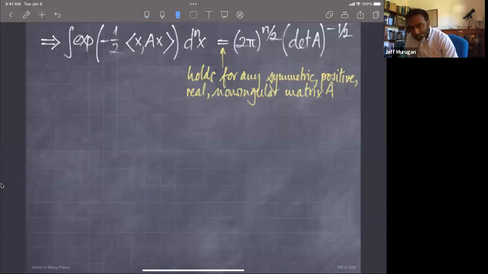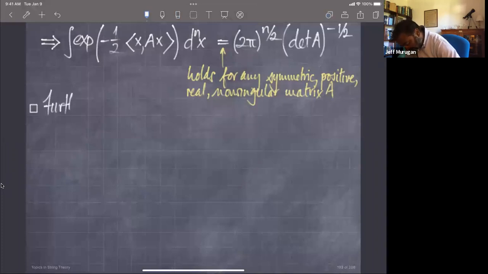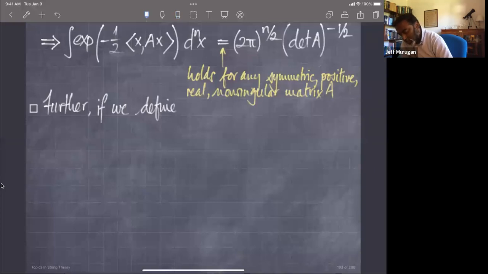And we can tidy this up a little bit more by defining dx to be dnx times 2 pi to the minus n over 2.